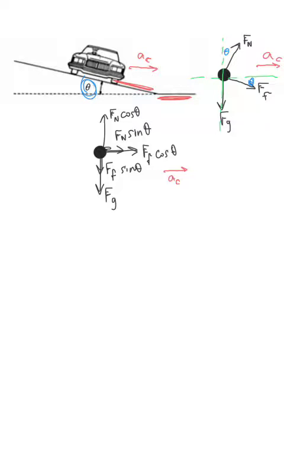So let's focus on the horizontal motion first, because that's where it's accelerating. It's got centripetal acceleration in the x direction, so we're going to use Newton's second law in the x direction. So we'll say the net force in the x direction is mass times centripetal acceleration, and in the x direction we just have these two forces both pointing in the positive direction, and we have nothing on this side in the negative direction.